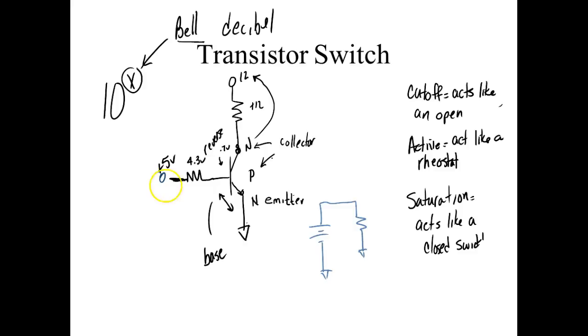So what would happen if I put a 0 right there? In this situation, my output would cut off and I'd have no current flow through that resistor, right? You understand?